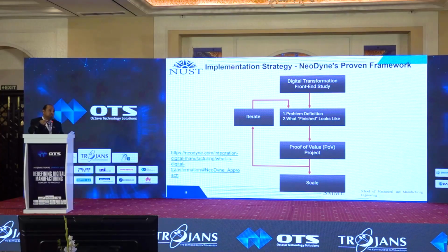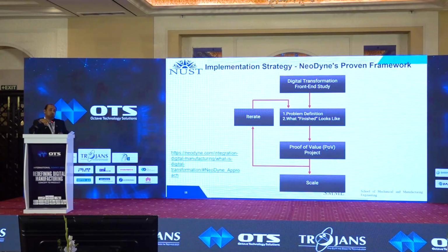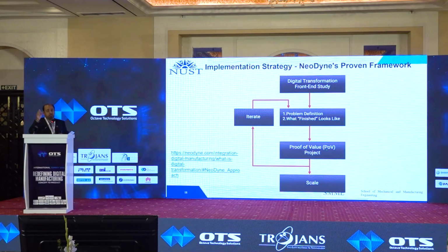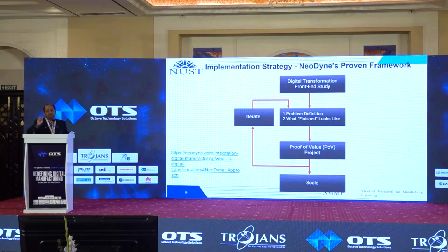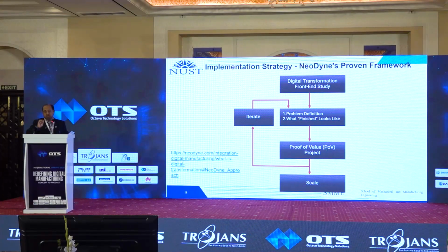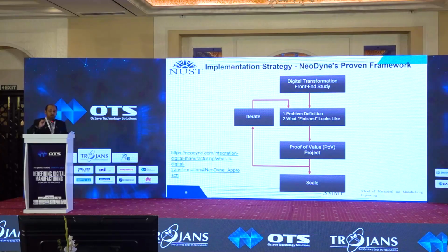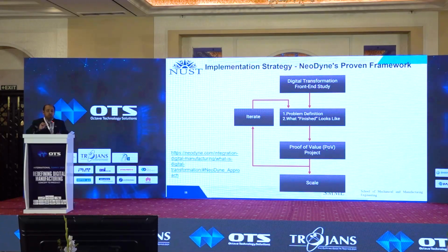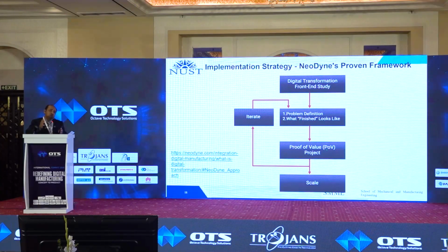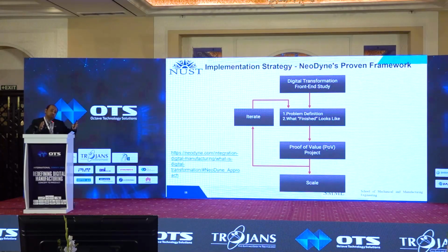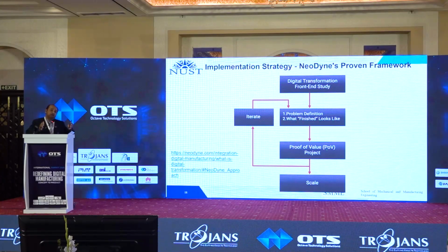Even within the problem statement, there could be 10 or 20 problems, but you cannot attack them all at once. You have to go one by one, and there you have to see that if we solve this problem, what would be the solution, how it would be implemented, and what would be the output.